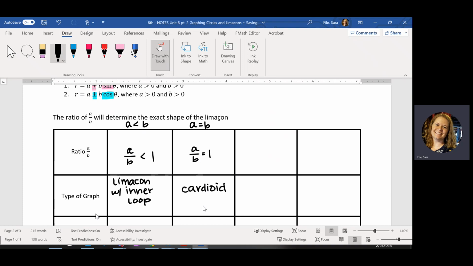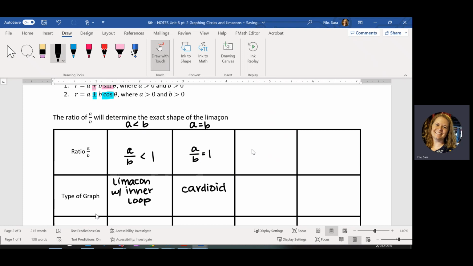What does that sound like? Cardioid. Cardio, cardiac, right? What does that mean? That's heart. This is kind of a heart shape. It's the one that comes to a point instead of looping in on itself, it just meets at the pole to make the top part of the heart shape.